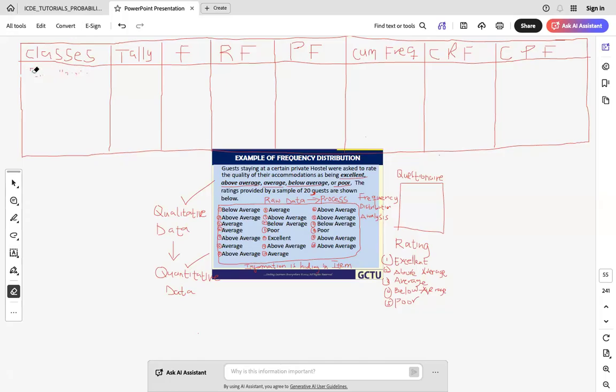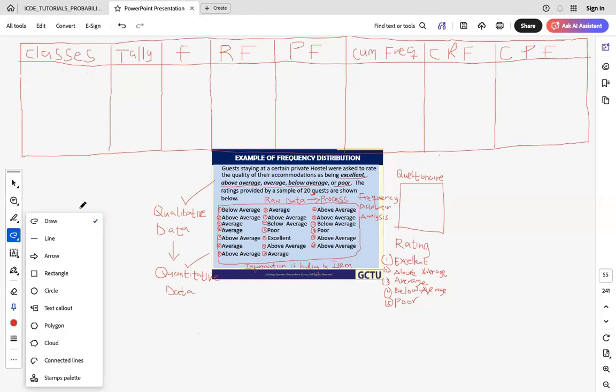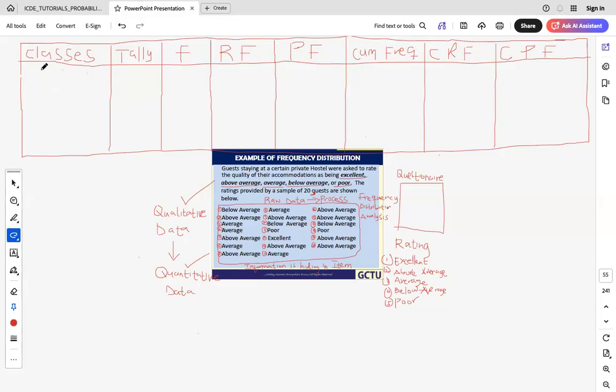And then we descend to the excellent ones. So there were some who said, according to the data, the facility was poor. That's the first group. So this is their line of information.